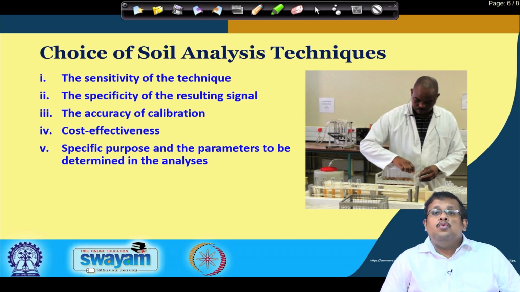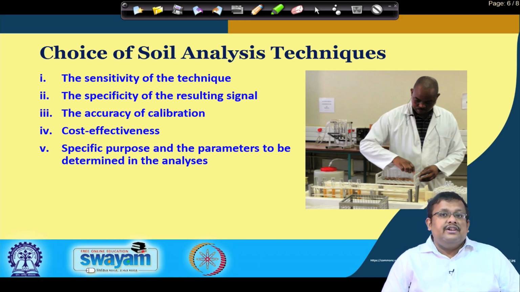Based on which criteria should we select the most appropriate technique for a certain soil analysis? Soil has different parameters. For example, we can measure the soil pH, soil electrical conductivity, soil different nutrient content, different heavy metals, different organic pollutants also.